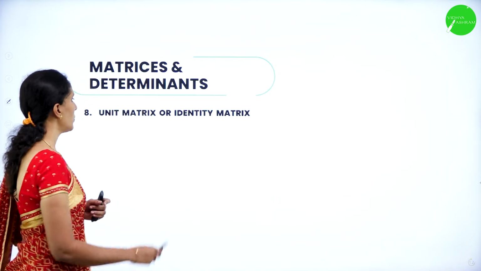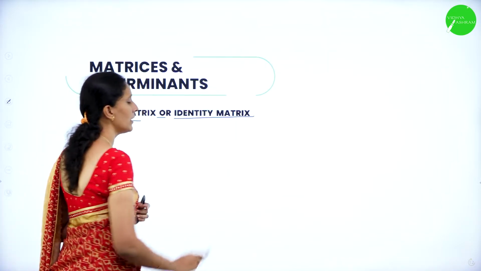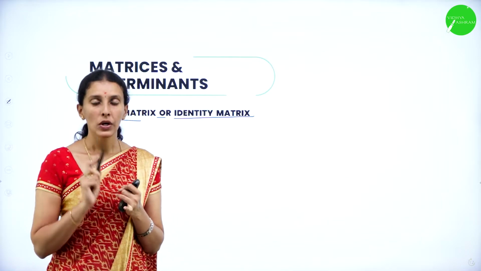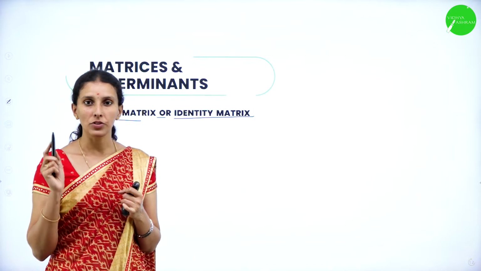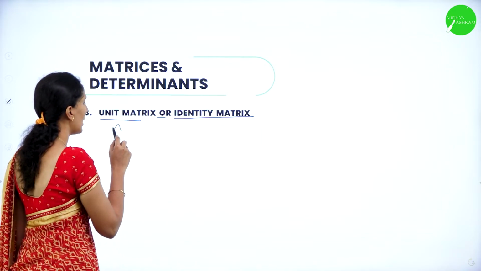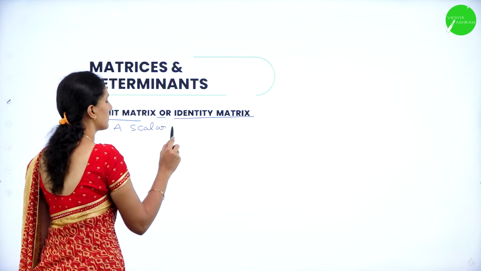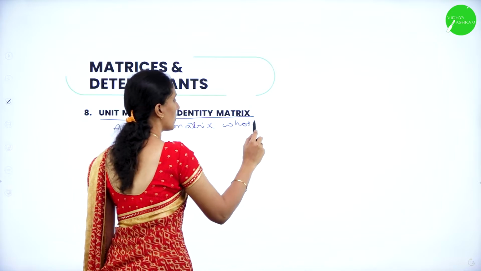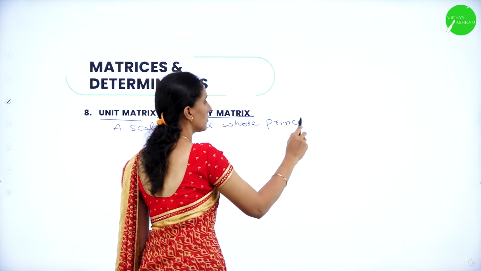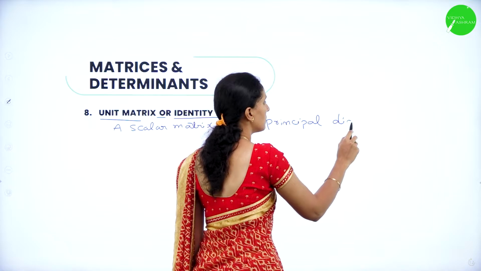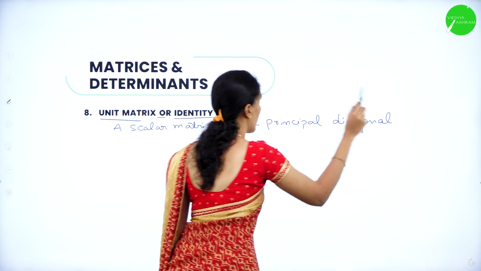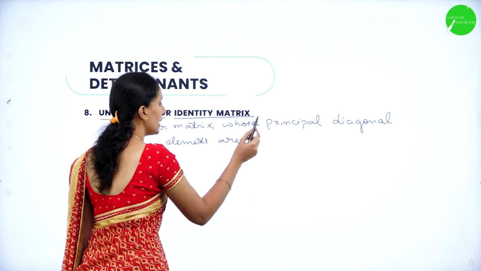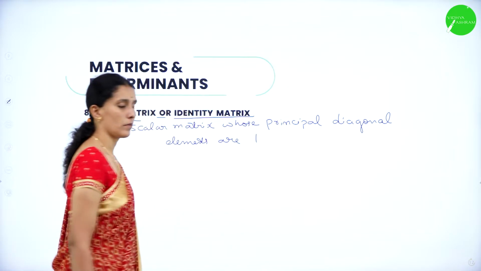Next one is the unit matrix or identity matrix. Again, a unit matrix is a scalar matrix whose principal diagonal elements are 1. So, a scalar matrix whose principal diagonal elements are equal, or you can say elements are 1.